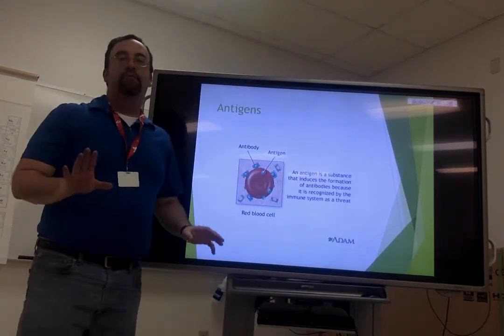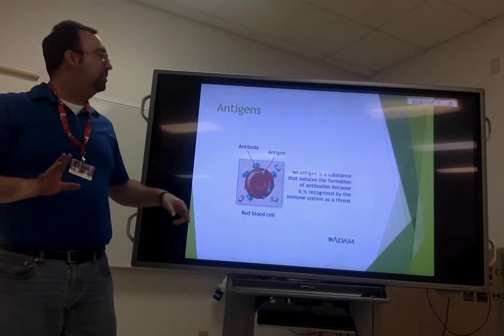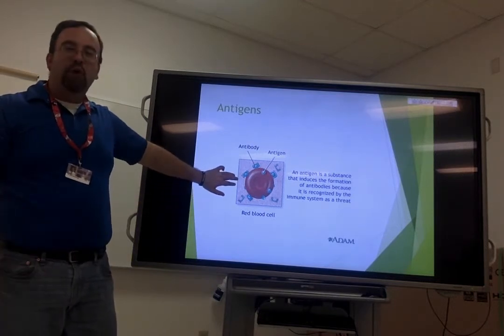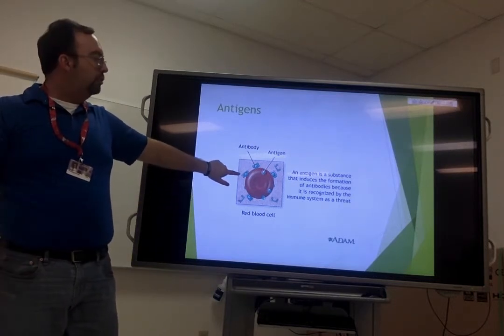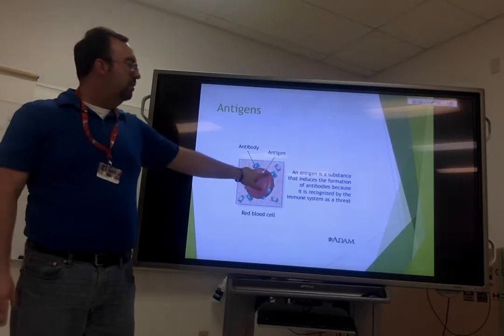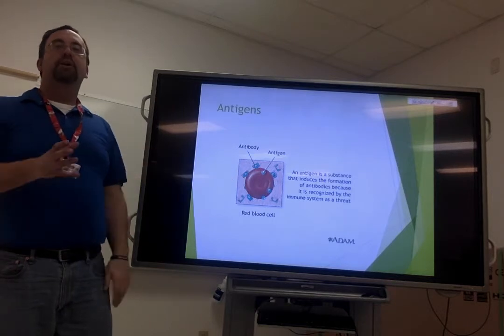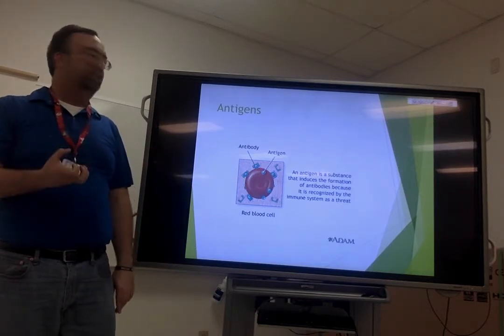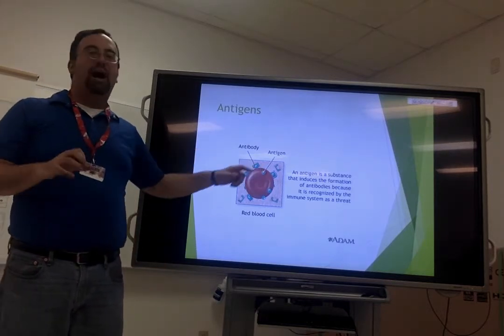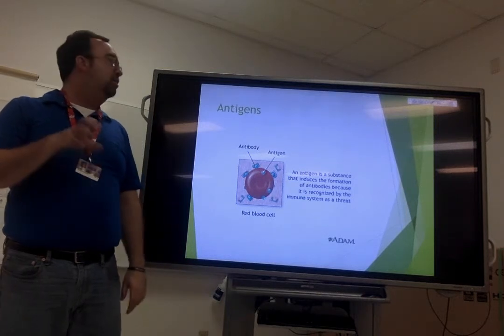All right, I want to focus now on antigens. If we zoom in on a red blood cell, on the surface of the red blood cell you're going to see different types of structures known as antigens. Antibodies will bind to the antigens on the red blood cell.